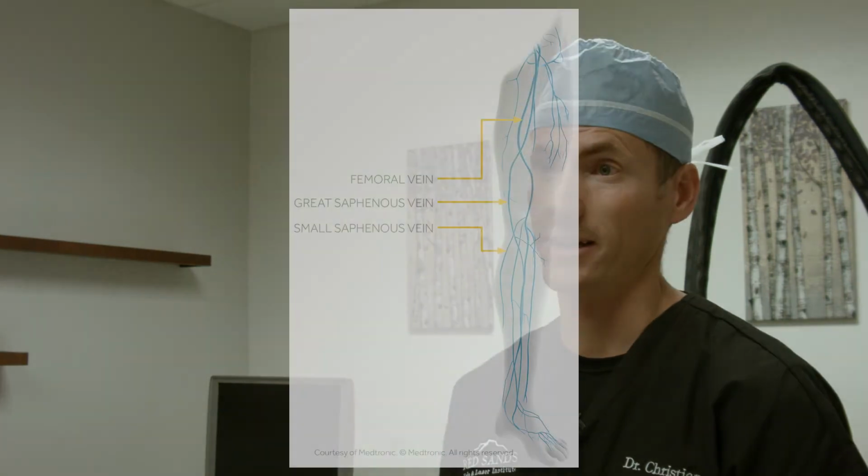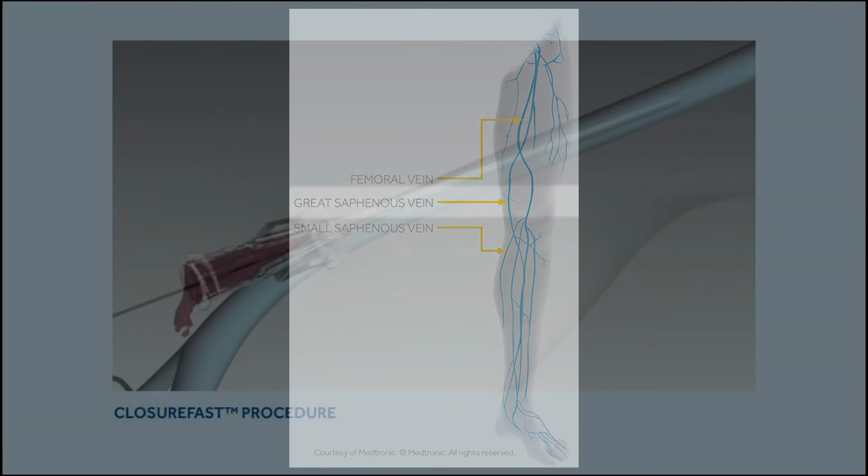One of the main things that we do, and we want to start at the point of initial failure and work our way backwards, is in the superficial system, which kind of looks like an upside down tree. The trunk of that tree is a vein called the greater saphenous vein, and it joins the deep vein at the groin.